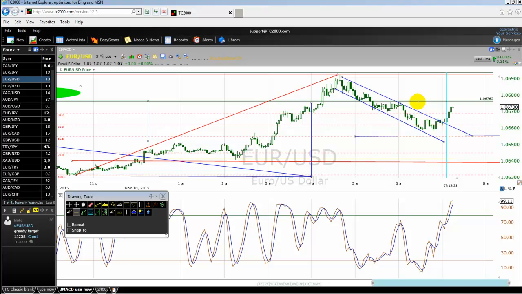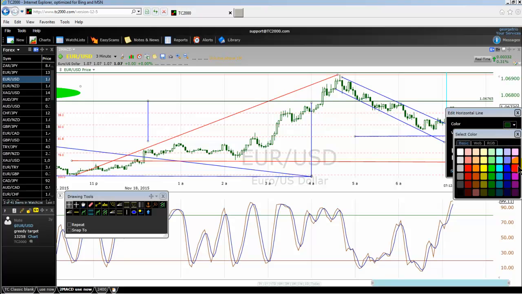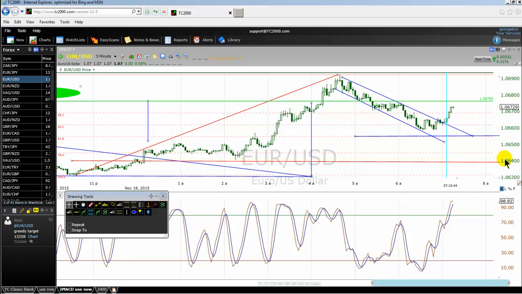So, yep, I'll leave it there at 10676. This order is not yet filled. To buy, color into green. That's it. The limit order to buy the euro at 10676.